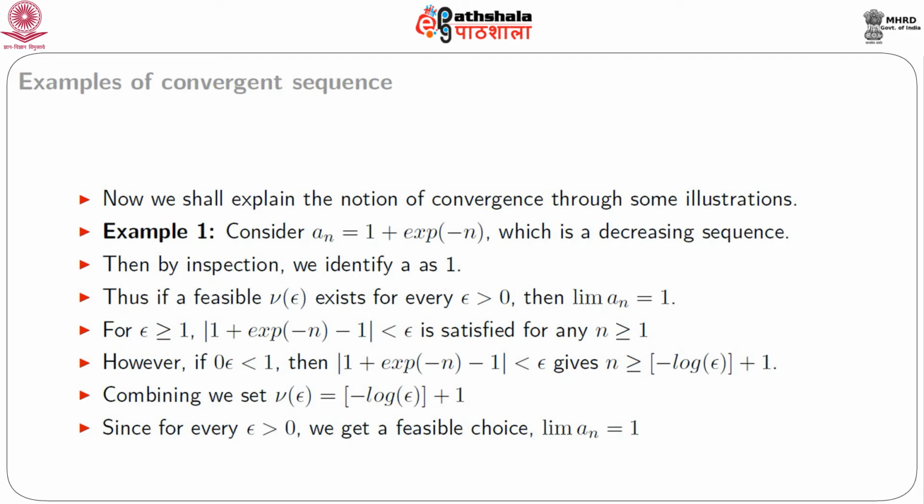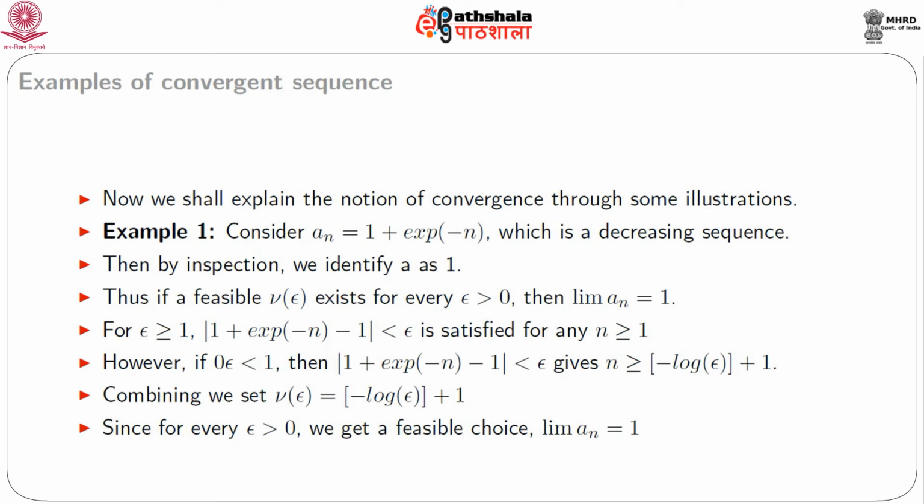However, if 0 is less than epsilon less than 1, then the absolute value of 1 plus e to the power minus n minus 1 being less than epsilon gives n greater than or equal to box of minus log epsilon plus 1. Now note that this box means the greatest integer contained in minus log epsilon, and it is interesting to note that since epsilon belongs to (0, 1), this minus log epsilon is actually positive.